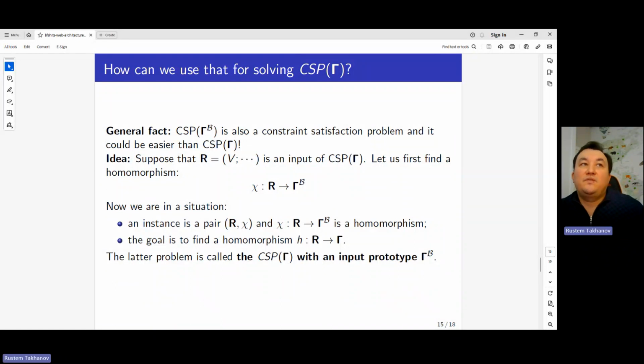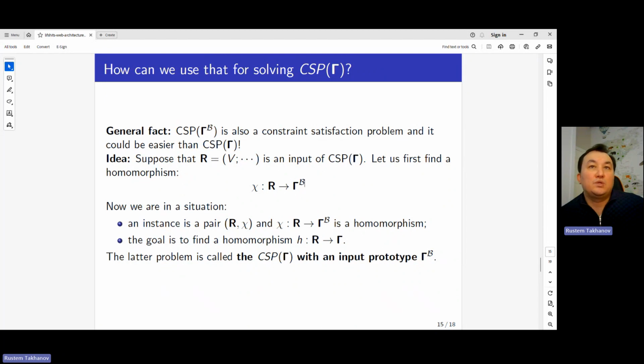So then we can always find a homomorphism from R to gamma superscript B. Or such a homomorphism, of course, may not exist. If it does not exist, then we cannot do anything in that situation. Then we still cannot solve the problem. But suppose that we are able to find some homomorphism from R to gamma superscript B.